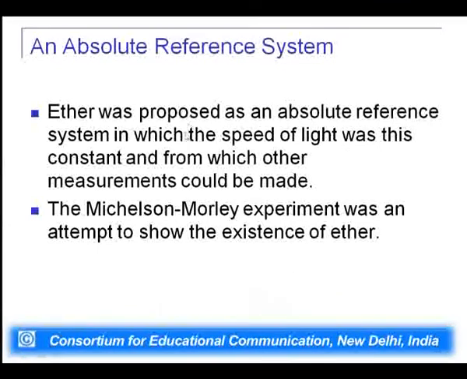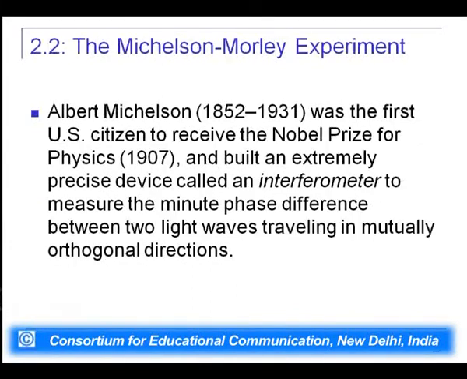It means the ether is defined as the absolute reference system, and the speed of light will be defined in reference to the ether. The Michelson-Morley experiment was an attempt to show the existence of ether. If ether is present in the atmosphere and it is moving with speed v, it means the experiment is also moving with speed v.